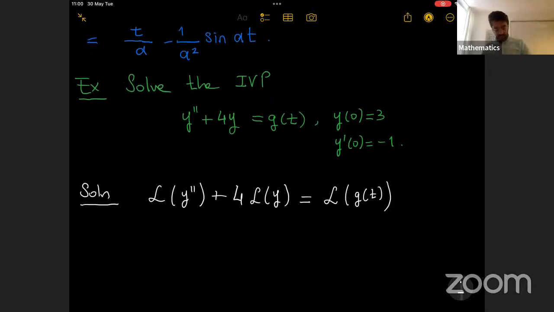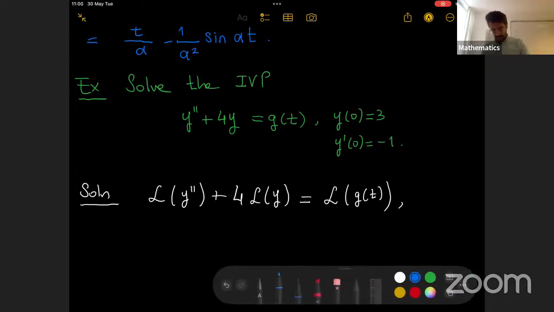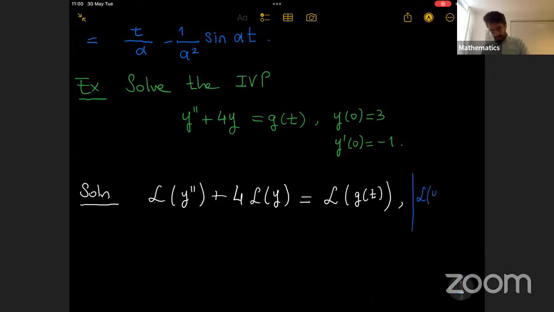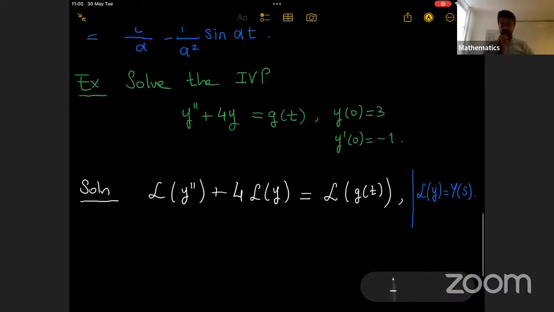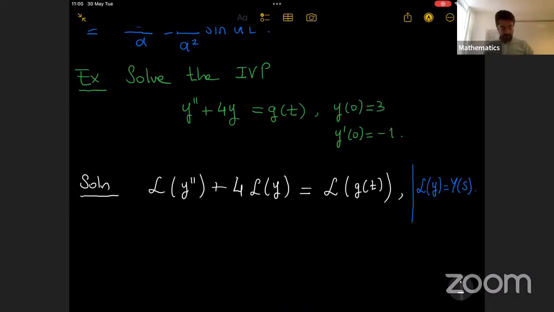Let's say the Laplace transform of y is capital Y of s. Let's use this notation as usual. Remember, this gives you s squared times Y(s) minus s times y of 0, which is 3, okay?